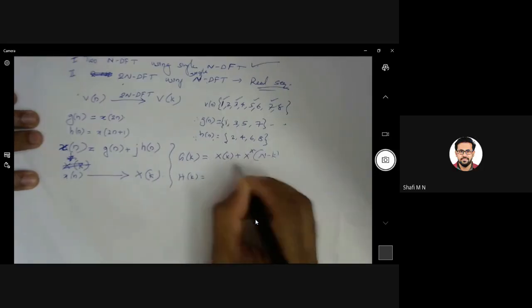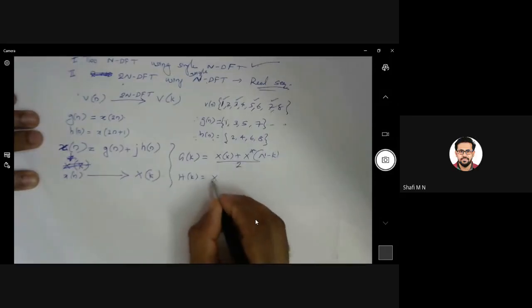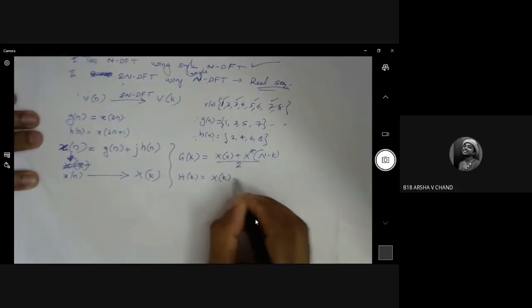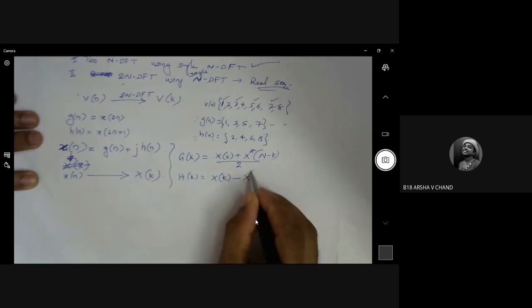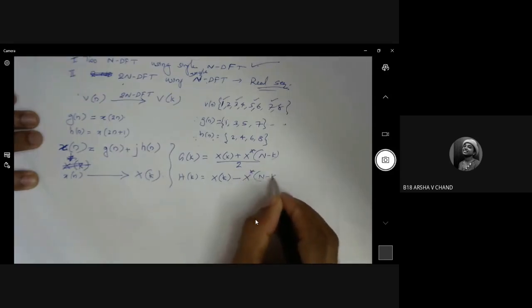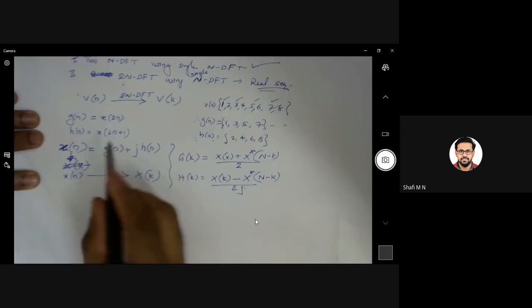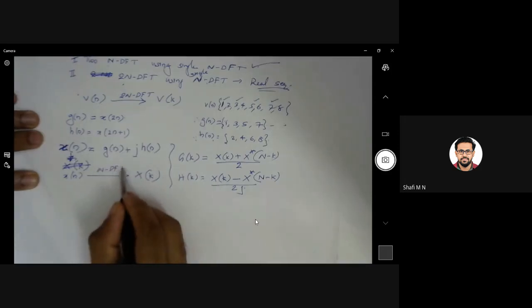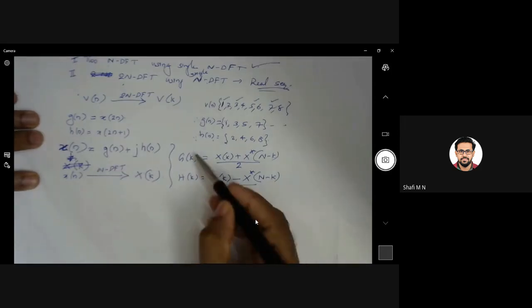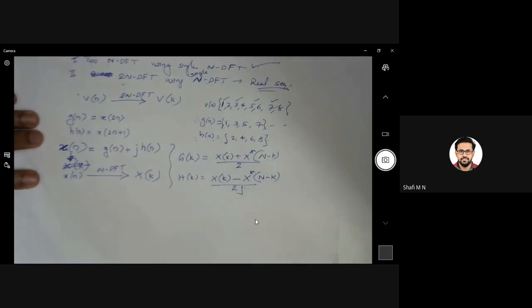H of k is x of k minus x conjugate of (N minus k) by 2j. So using this equation, I have used only a single N-point DFT throughout the method, and I got G of k and H of k.